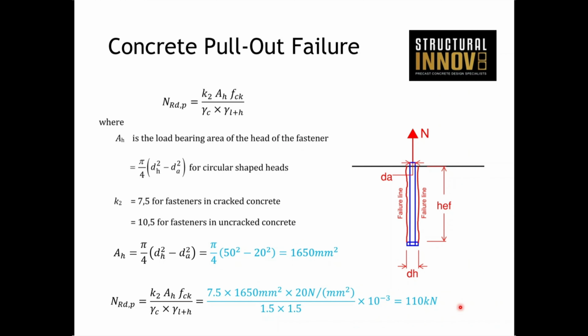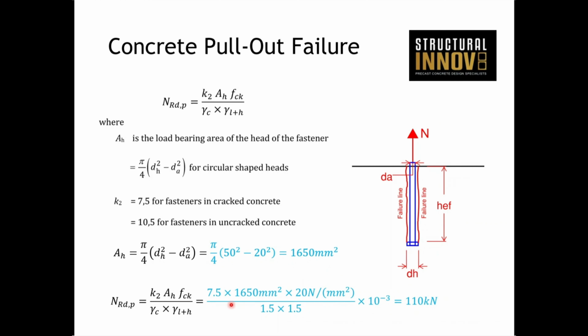Pull-out failure, again, is required to be checked, but not that critical for these particular types of checks, particularly when you have a headed stud. You're more than likely not going to have this as a governing failure. When you look at the formula, it's a function of the diameter of the shaft compared to the diameter of the foot, and the spherical head lifters are designed such that this doesn't govern.